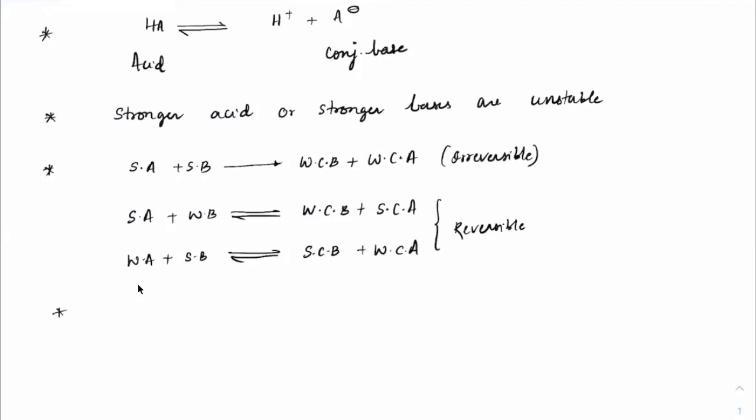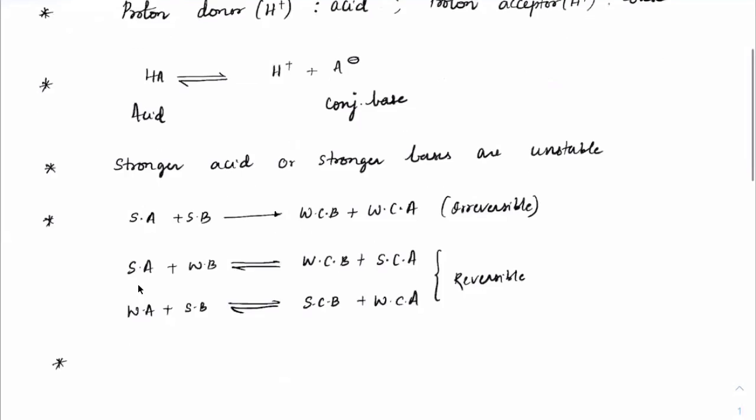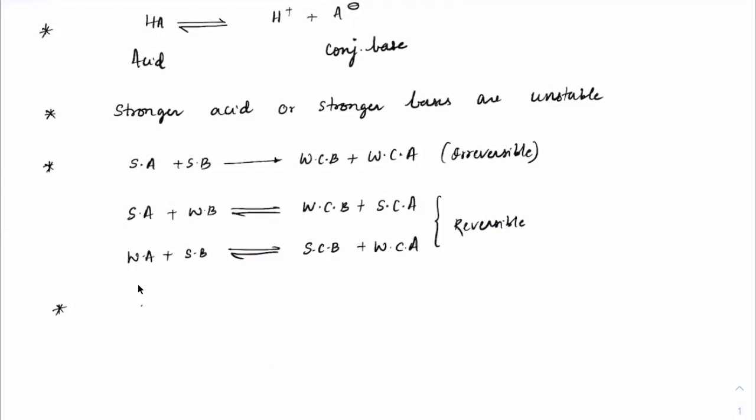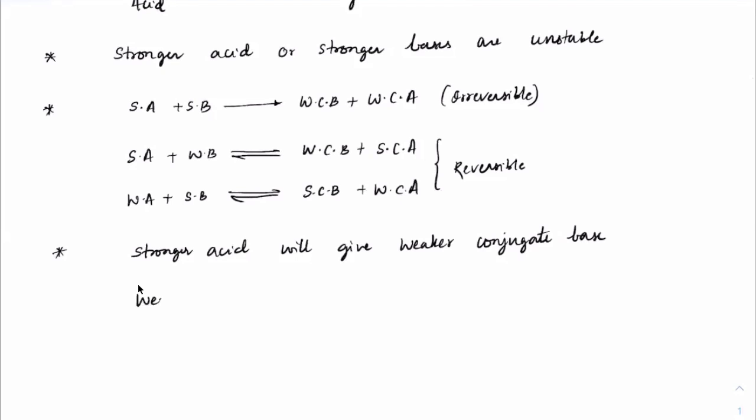And another important point when you discuss Bronsted-Lowry acids and bases is that a stronger acid will give a weaker conjugate base, and a weaker acid will give a stronger conjugate base, and vice versa.